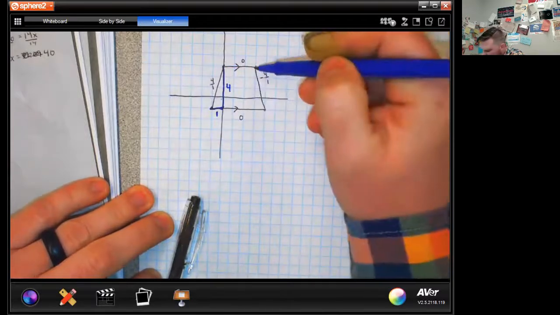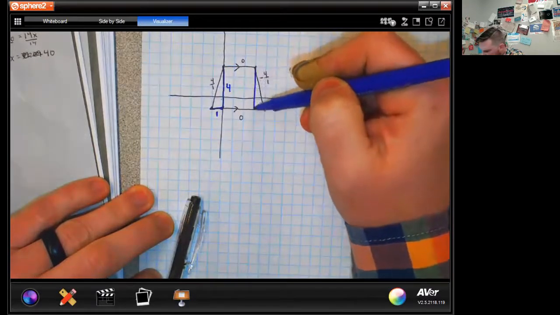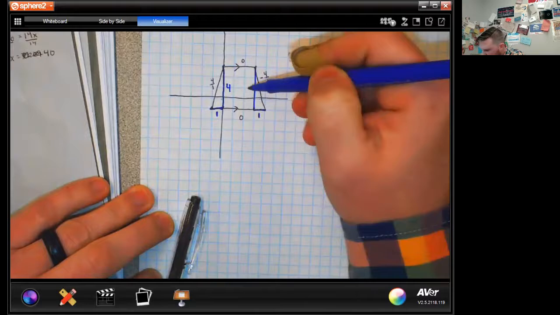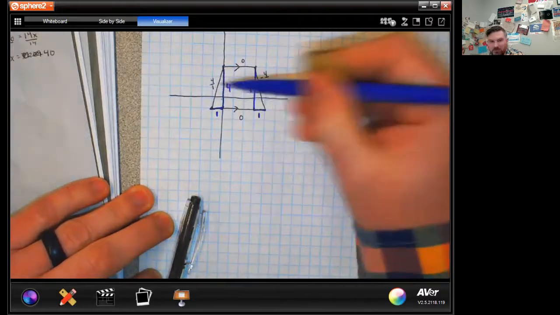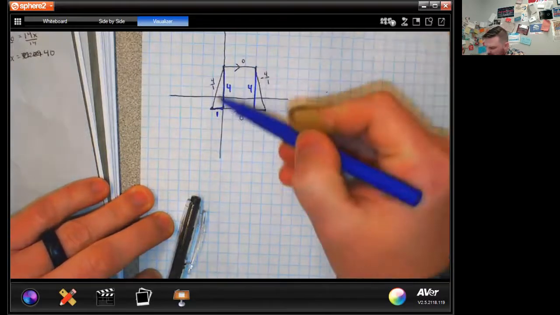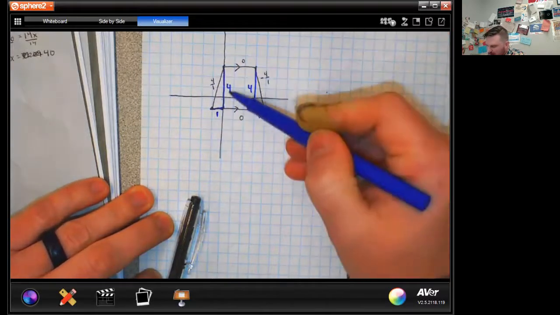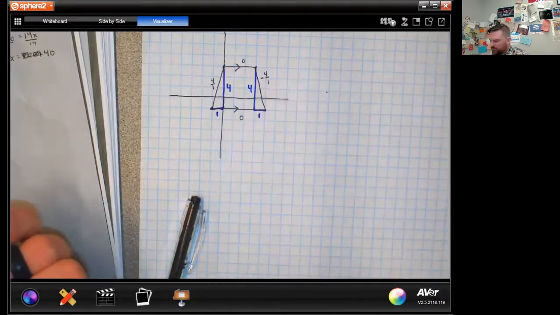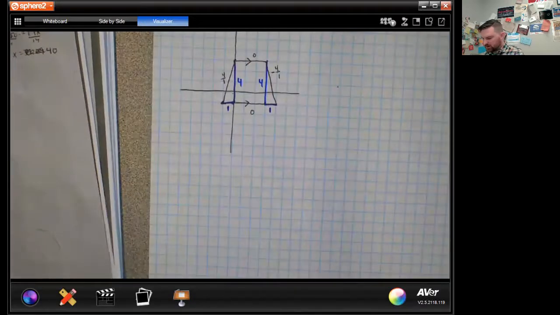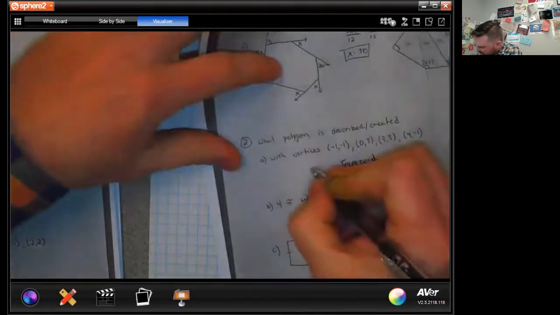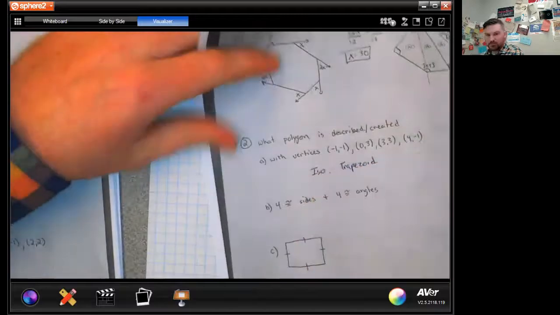Over here, if I do the same thing, this side is 1, this side is 4. Even though they have different slopes, this side will be the same because the legs of your right triangle are also the same. So this is actually an isosceles trapezoid.